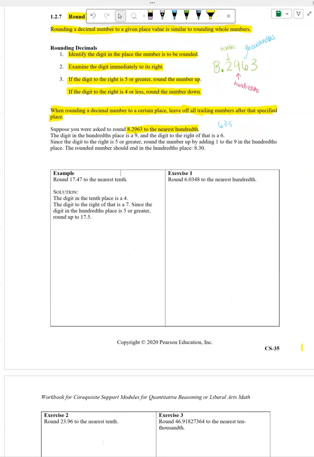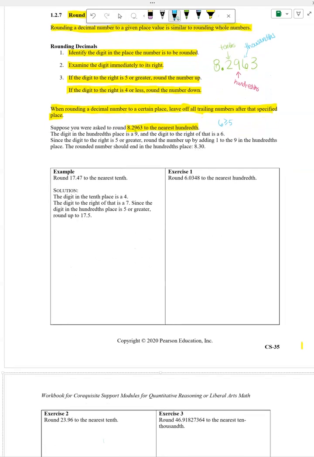So let's look at this one. We're going to round 17.47 to the nearest tenth. So remember, tenth is the first one over. We don't have a ones place on this side, right? It just starts tenths, hundredths, thousandths, ten-thousandths, etc. So we're looking for the tenths, which is our 4.